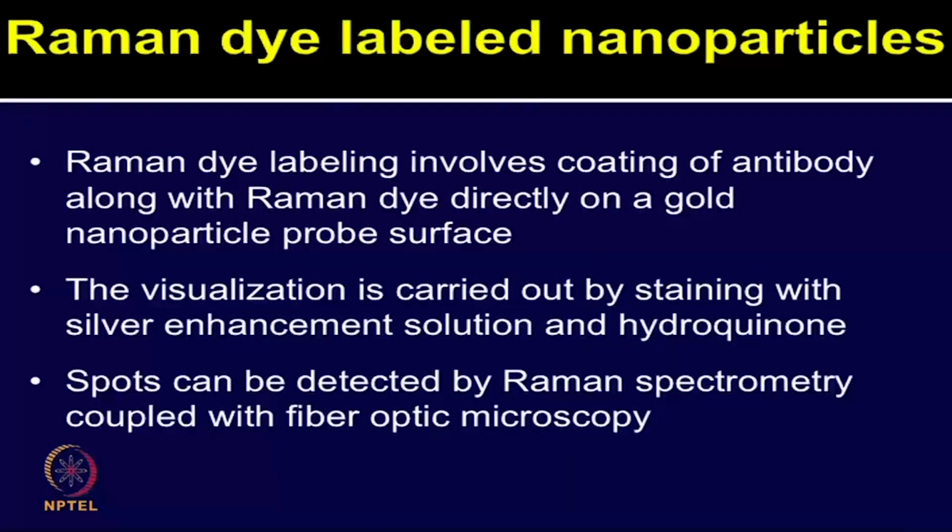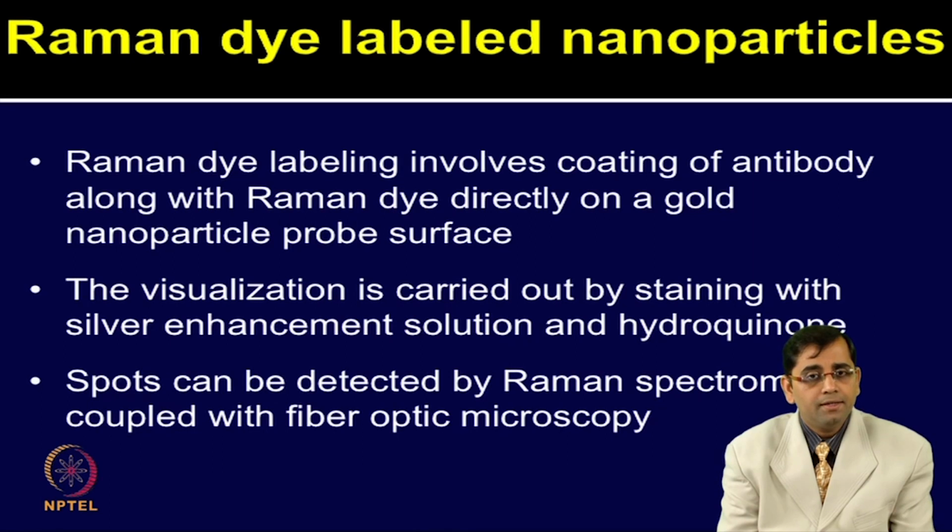The Raman dye labeling involves coating of antibodies on the array surface like gold by using the Raman dye directly on the gold surface, which are the nanoparticle probes. The visualization can be carried out by staining with silver enhancement solution as well as hydroquinone.